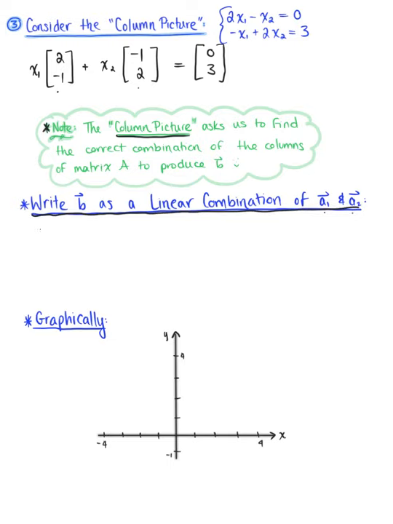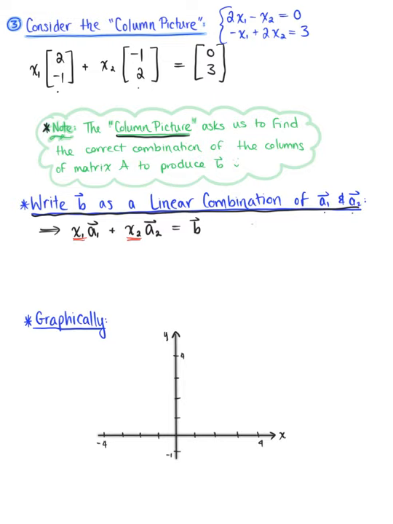In other words, we are looking for the x sub 1 multiplied by the column vector A sub 1 plus some x sub 2 multiplied by the column vector A sub 2 that's going to produce vector B. And the part that we're looking for, that correct combination, is how many of vector A sub 1 and how many of vector A sub 2 are going to equal vector B.